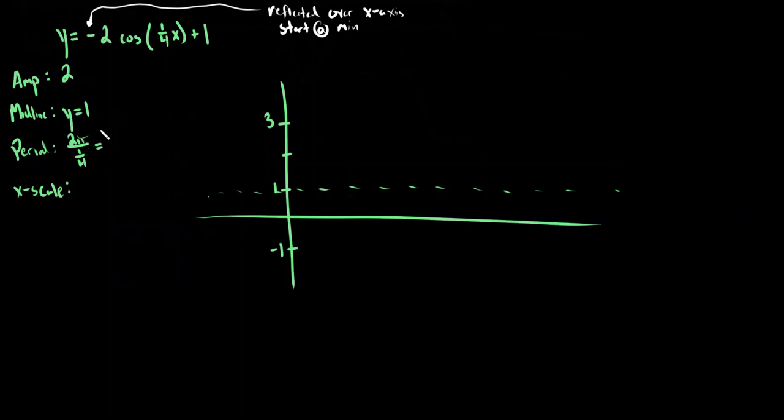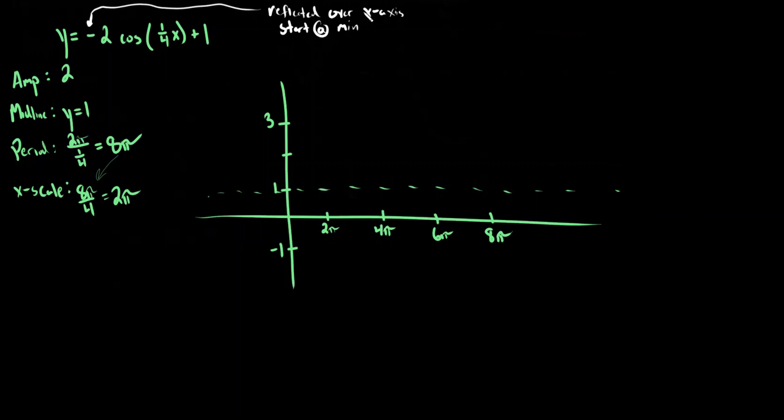And remember, dividing by 1/4 is the same as multiplying by 4, so that's going to become 8 pi, which means the scale, always take the period divided by 4, is 2 pi. So I add 2 pi to 0 to get 2 pi. I add another 2 pi to get 4 pi. Add another 2 pi to get 6 pi. Add another 2 pi to get 8 pi. And now we can go ahead and graph.